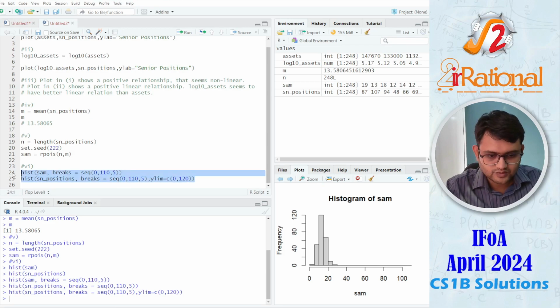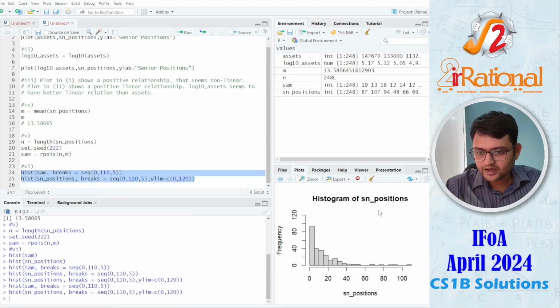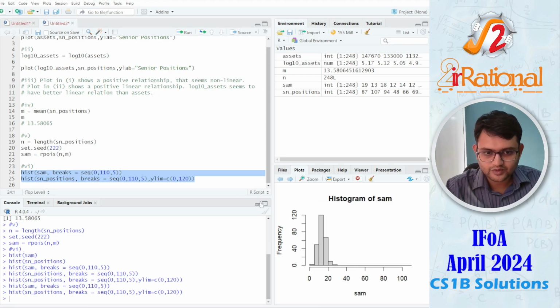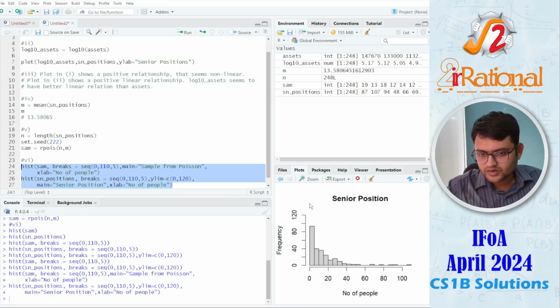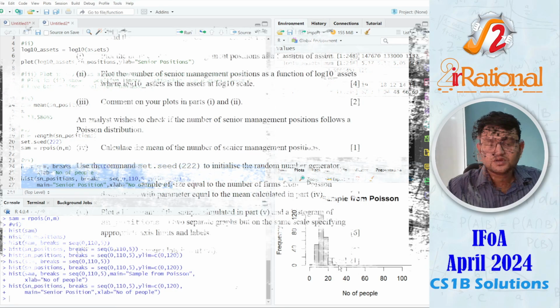So I'll just run both of them again. Here I have the SN position and here I have the sample histogram. Now I'll label it properly. Now I have the two graphs. I have senior position and I have this sample from Poisson. They are clearly not comparable. This seems to be following an exponential distribution, and here we know this is a Poisson distribution.